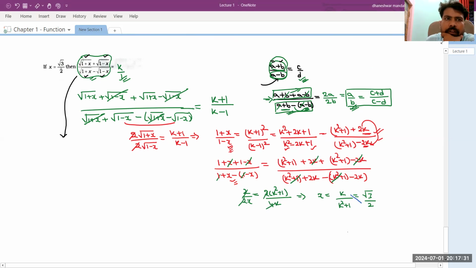I think here 4 will be there, because otherwise I cannot find the solution of this expression. So if k is root 3, then root 3 square means 3 plus 1 is 4. So there must be a correction, and x must be equal to root 3 by 4. Otherwise, I get imaginary roots.